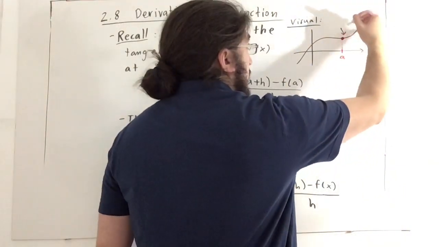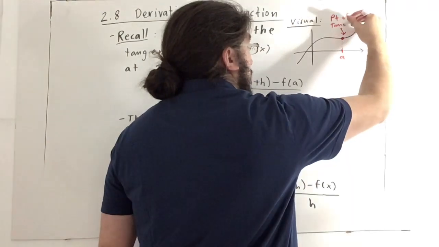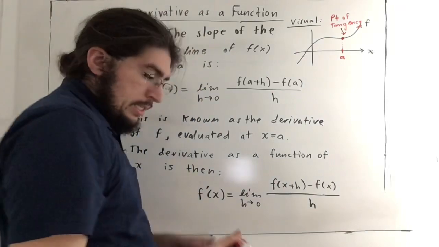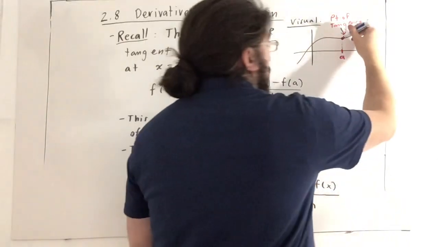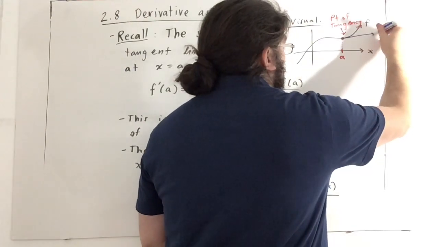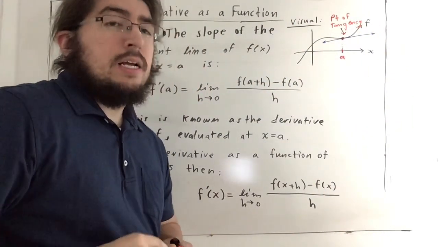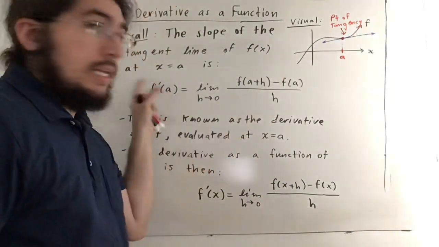So this point is the point of tangency. And you create a tangent line at this point. So let me do that in blue. That is the tangent line. Now the slope of the tangent line at the point x equals a is this.